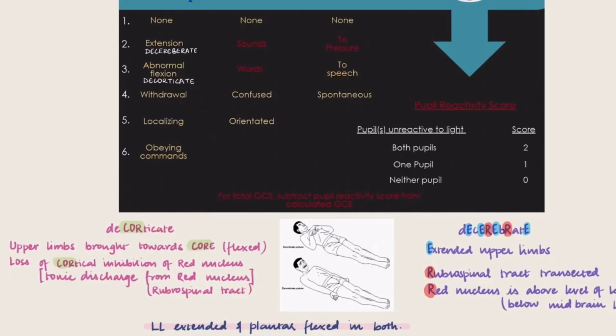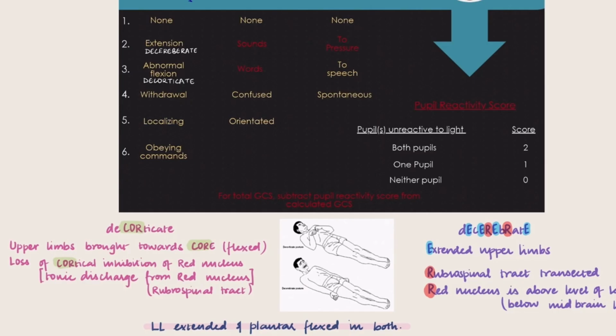These images are really helpful to see what we mean by decorticate and decerebrate. One thing that's common in both of these images, as we can see, is that both of the lower limbs are extended and plantar flexed in both of the postures. Now, a simple trick to remember the decorticate posture is that the upper limbs are brought towards the core because this is abnormal flexion.